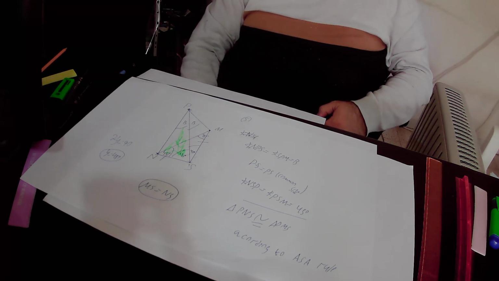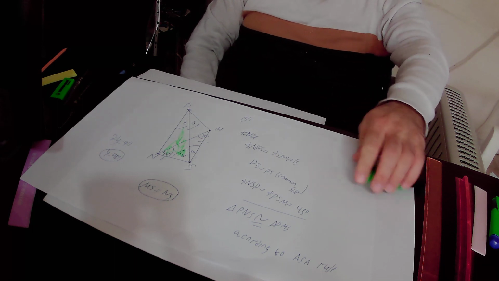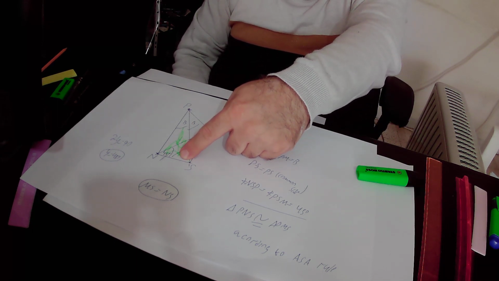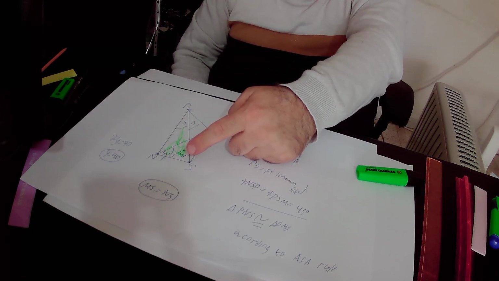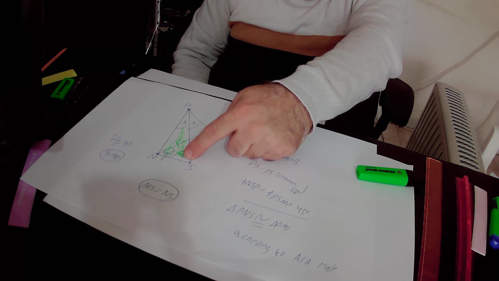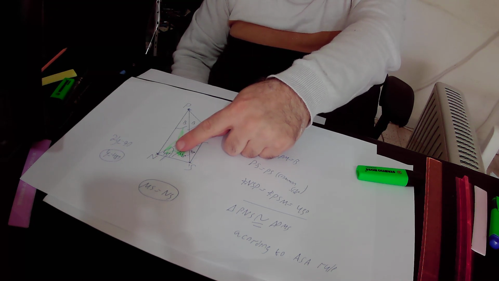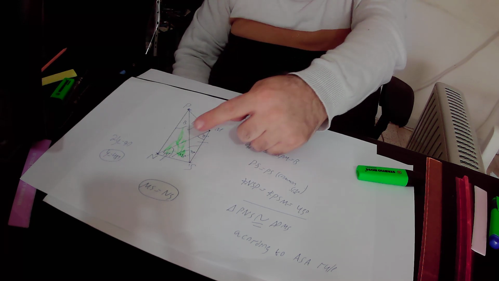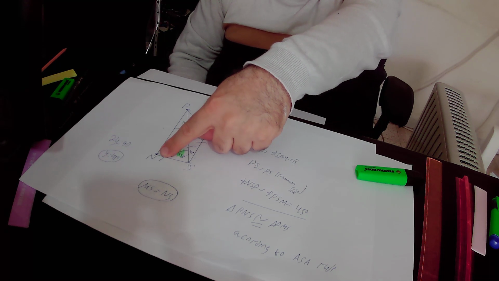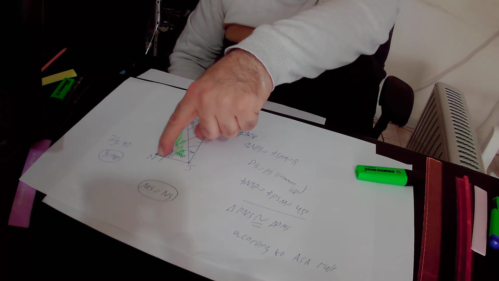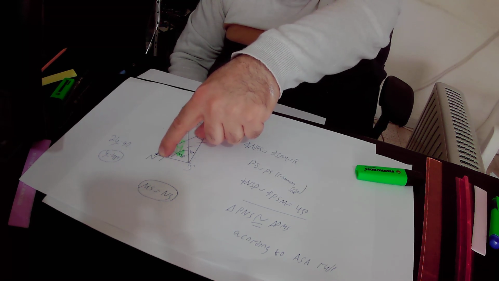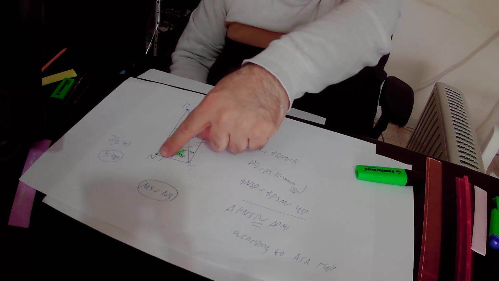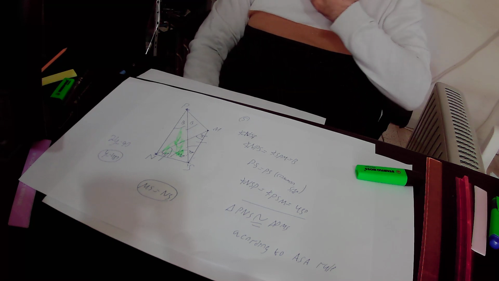NS equals MS. So we know that this angle equals 90 degrees. In triangle MNS, this angle equals 90 degrees. So the other two angles must sum to 90 degrees because the sum of the angles in any triangle is 180 degrees. Those two angles are equal to each other from one side, and we also know from the other side that the sum of them is 90 degrees.